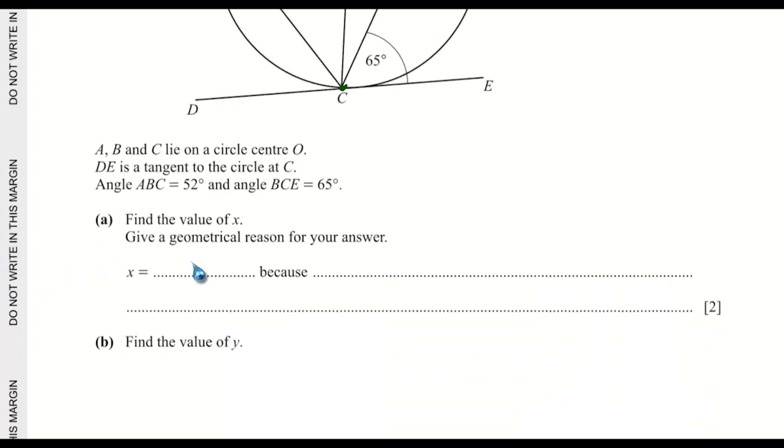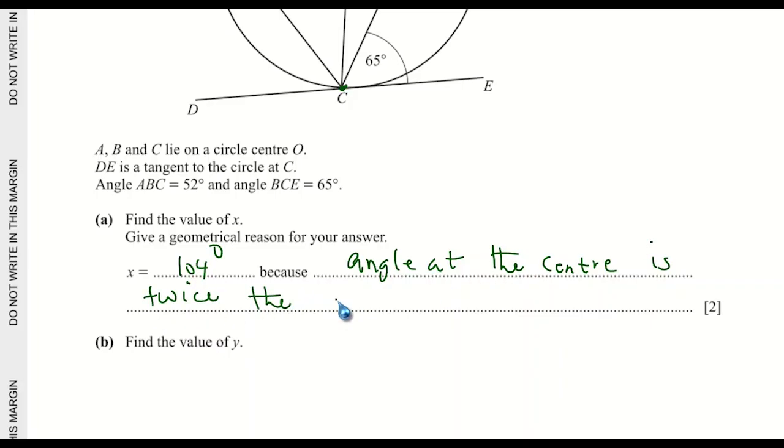So we can say x equals 104 degrees, because angle at the center is twice the angle at the circumference.